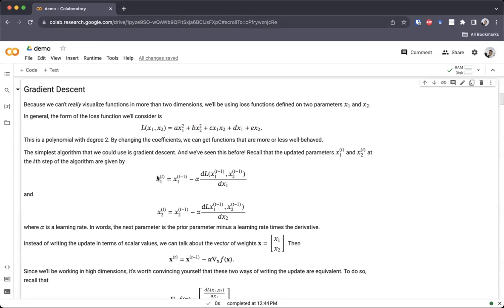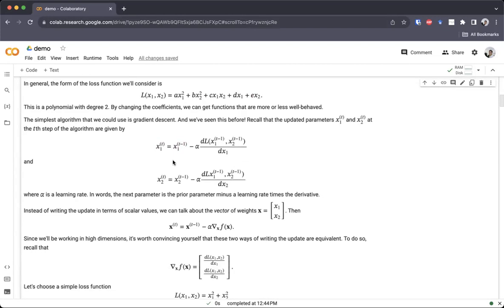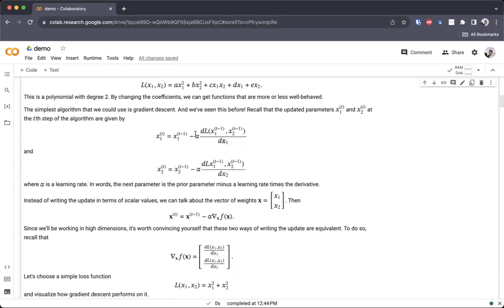The gradient descent update that we do, and the simplest algorithm that we're familiar with so far, is that we just simply update our parameters at the tth step of the process by taking the parameter we had at the prior step, the t-1 step, and subtracting off the gradient or the derivative of our loss function at that point with respect to the variable x1 times some learning parameter.